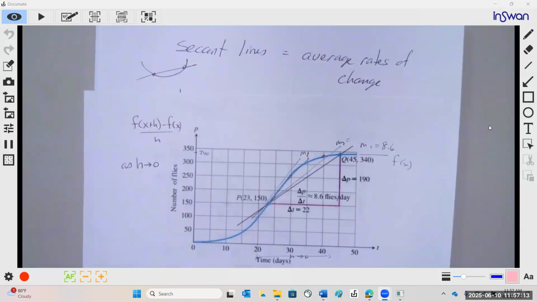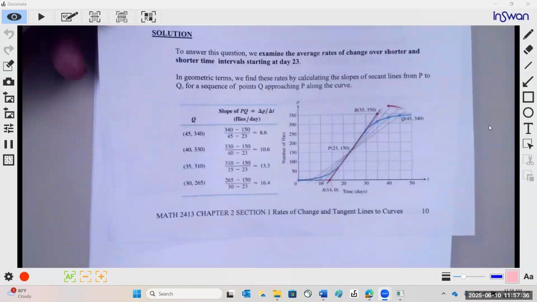And I can't do anything but apologize because they didn't give you the function. They just give you a graph. And you have to find all these secant lines, the slopes of them. And that's just a very painful process, which is why I'm not going to do it. I noticed in our homework, I think number 8 was like that too. Yeah, I'll give you a short. This is what it's going to look like.